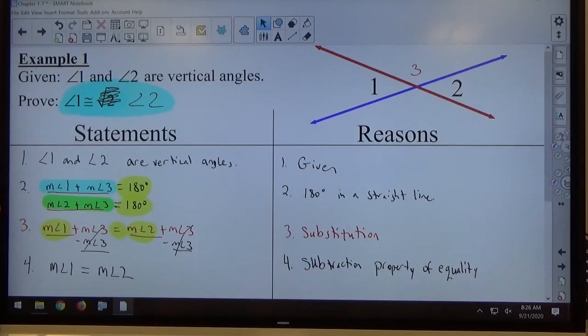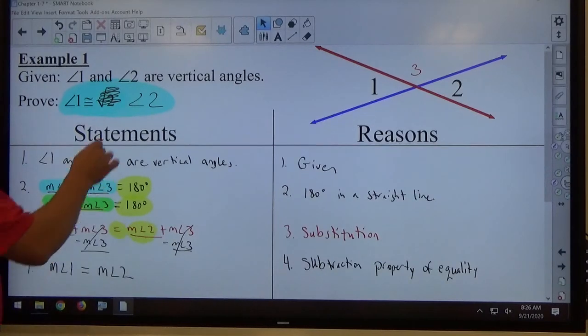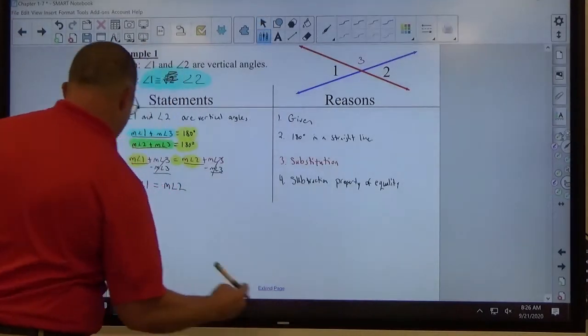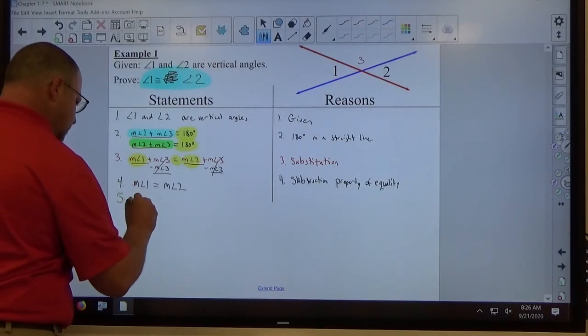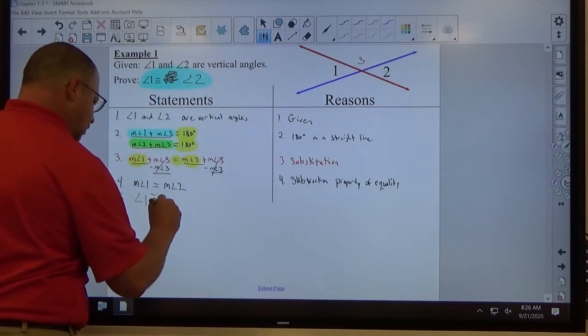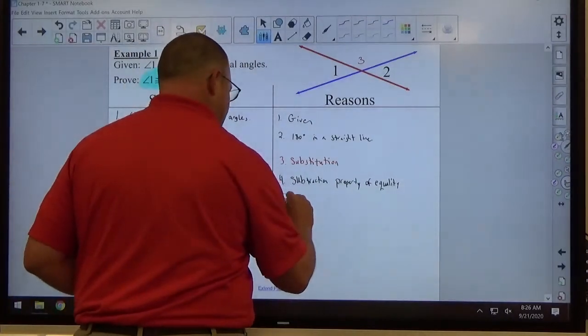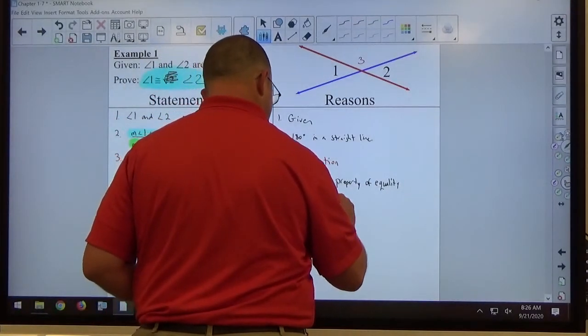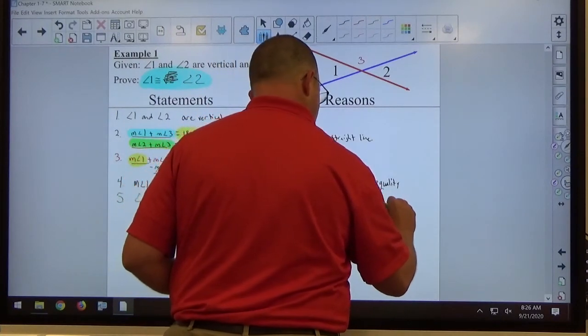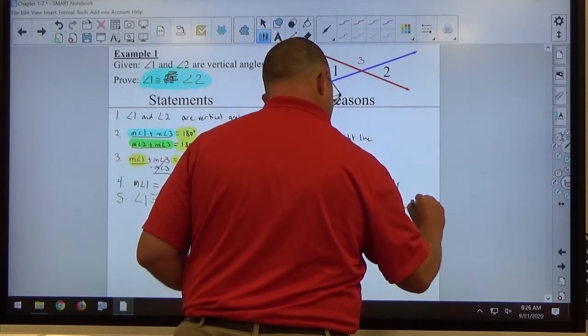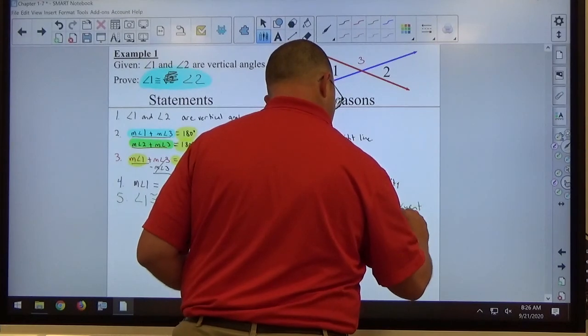That's how it goes. So I'm simply going to state now, my final statement is going to be angle 1 is congruent to angle 2 by the definition of congruent angles.